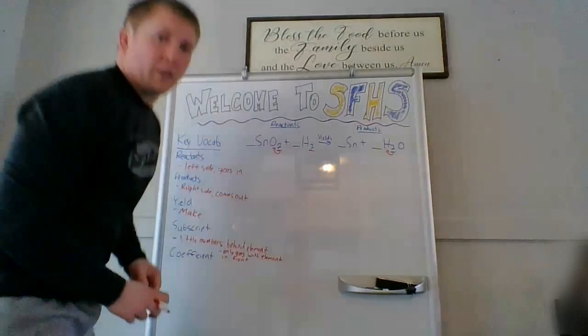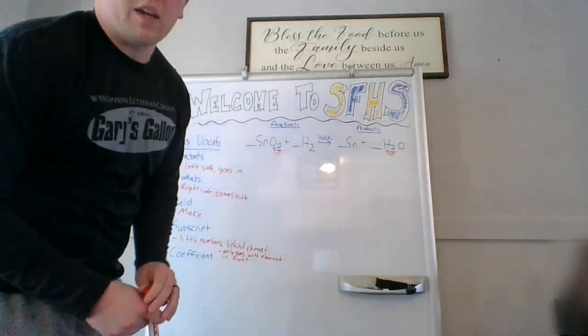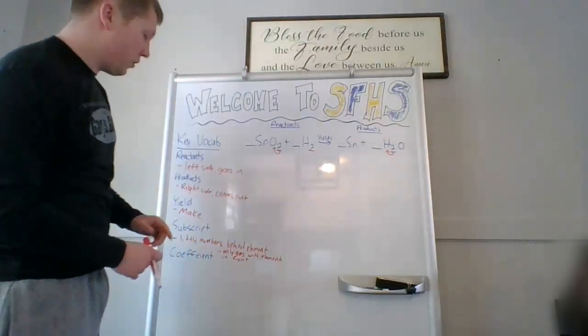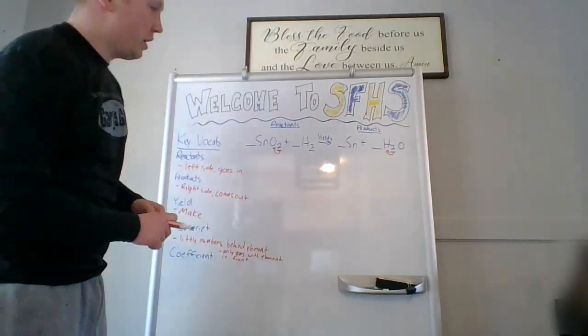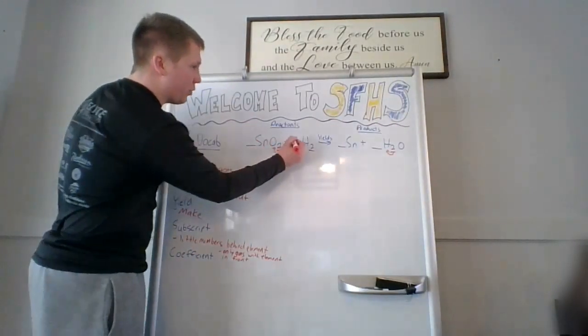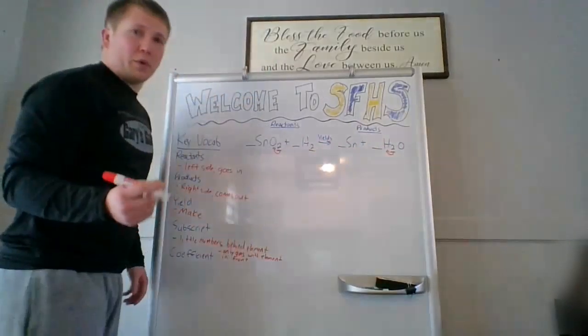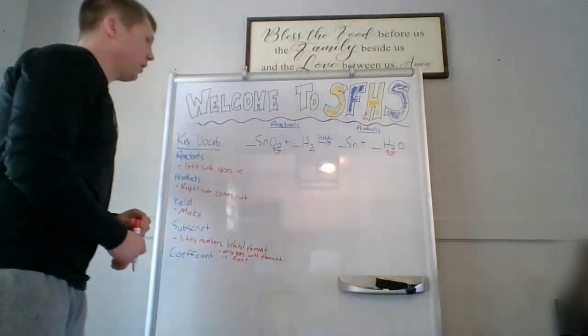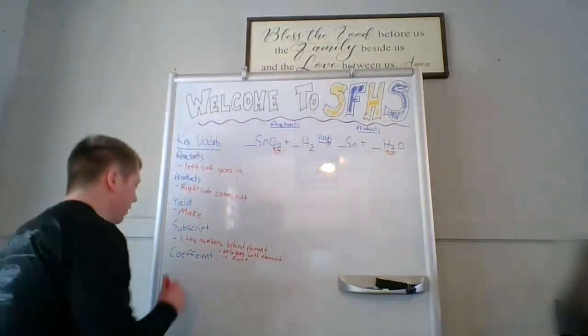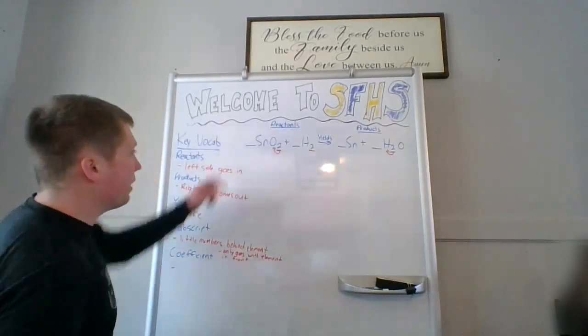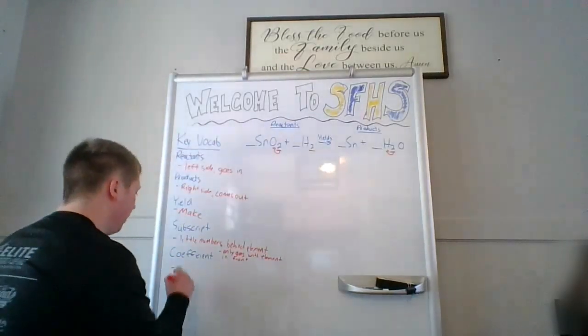All right. The next key vocab term we have is coefficient. So coefficients are the numbers that you put right here, the numbers in front of an element or compound. And they're going to be written normal size, big.